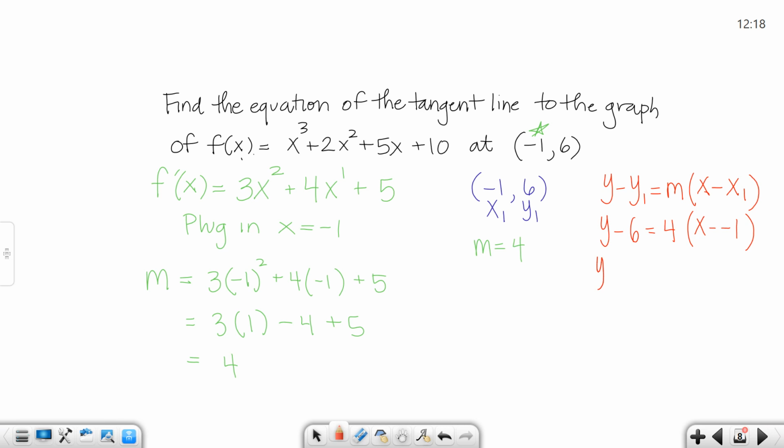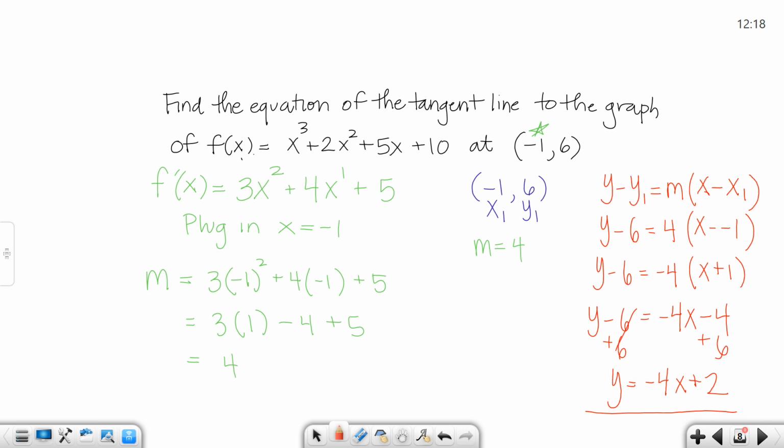Now I need to clean up that double negative. Okay, so that's how it looks so far. I'm going to move the 6 over. And y equals negative 4x. Whoops.